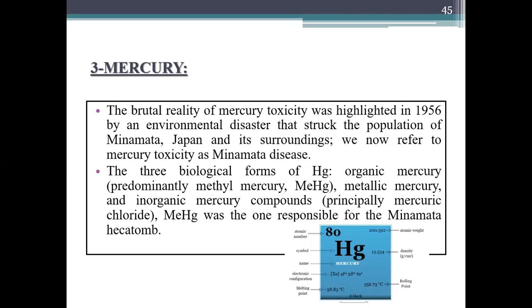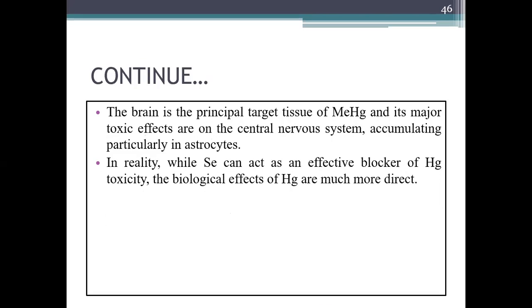Organic mercury was the one responsible for the Minamata hecatomb. The brain is the principal target tissue of mercury and its major toxic effects are on the central nervous system, accumulating particularly in astrocytes. In reality, while selenium can act as an effective blocker of mercury toxicity, the biological effects of mercury are much more direct.